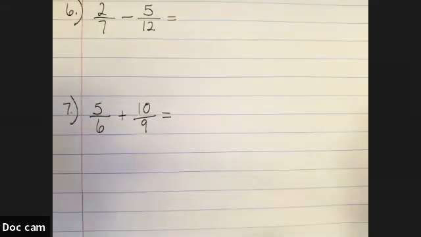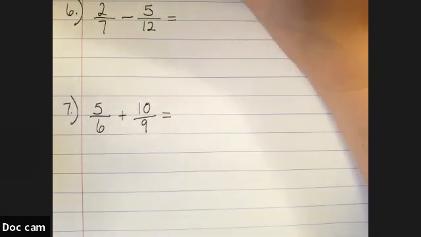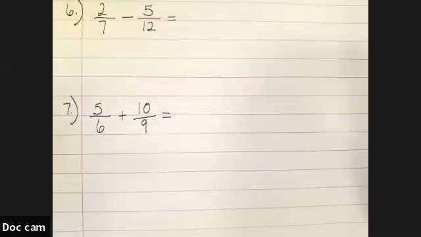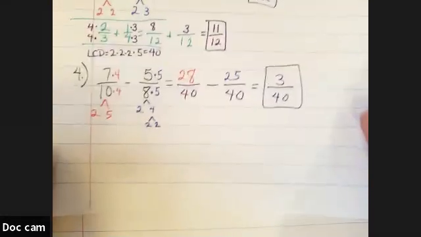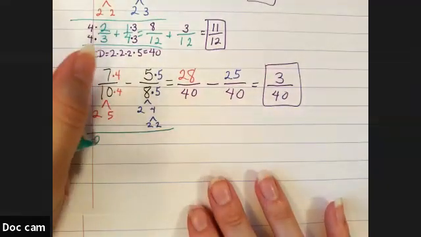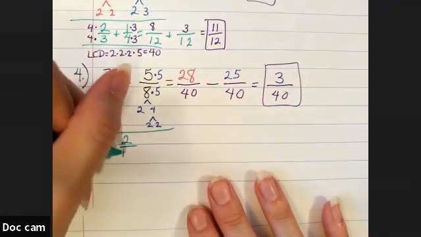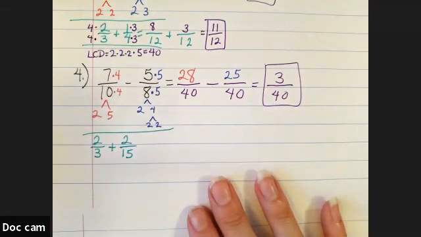Okay, let's see here. So let's do another one on the learning catalytics. This one is 2/3 plus 2/15. 2/3 plus 2 over 15. All right, that's on learning catalytics.